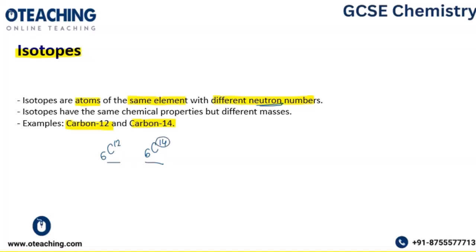If the mass number is different, I told you that the mass number is equal to the number of protons and number of neutrons. So if the mass number is different, the number of neutrons would also be different. Here the mass number is 12 and here it is 14.